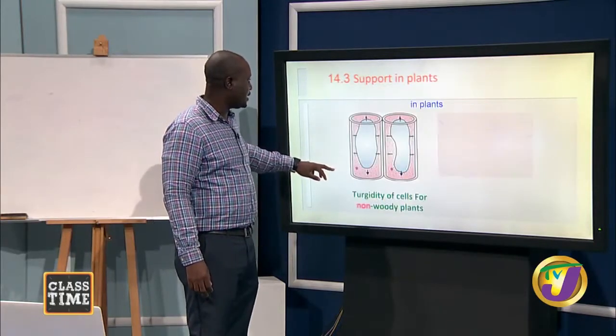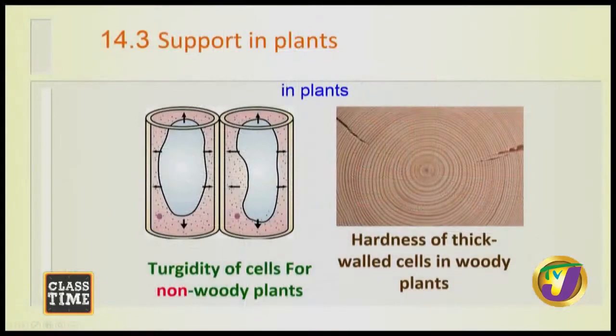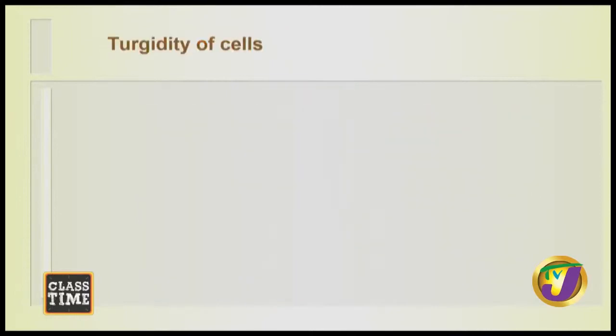And I said that is not permanent. Right? The permanent is structural, which is due to lignin deposit within the cell wall. So plant support: physiological means by turgidity of cells, and also structurally by lignin deposit in cells.